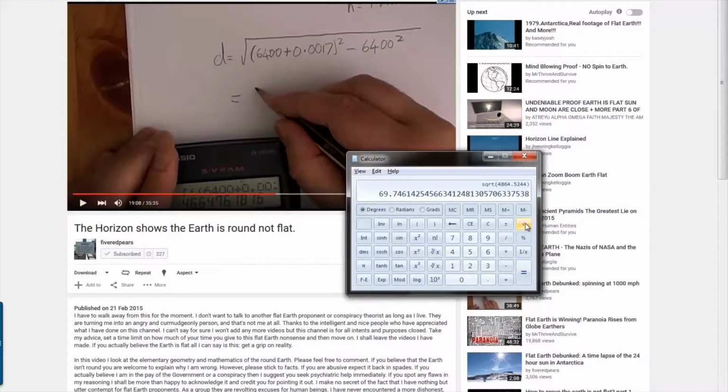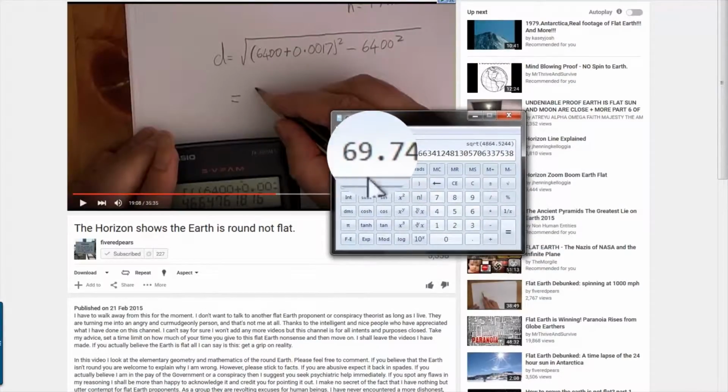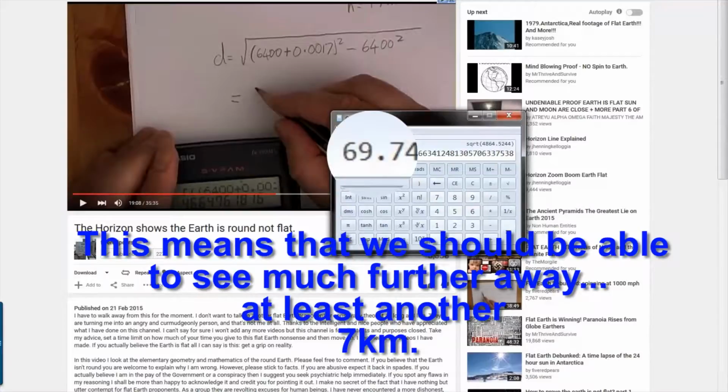And the answer is 69.74 kilometers. That's how far away we can see, 69.74. And actually the skyline is only 62 point something kilometers away.